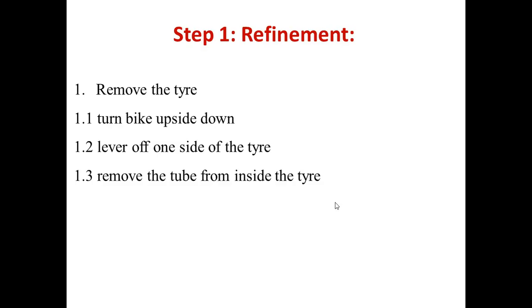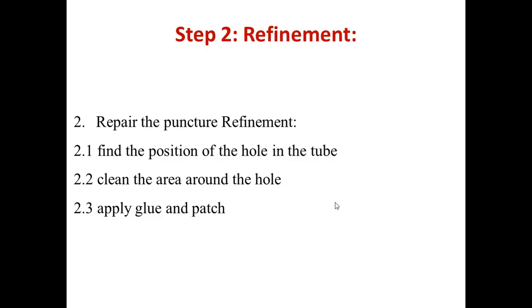I can refine that into sub-problems, going deeper into it. I'll turn the bike upside down, take the lever off one side of the tire, then remove the tube from the tire. That way I use some technique to remove the tire.